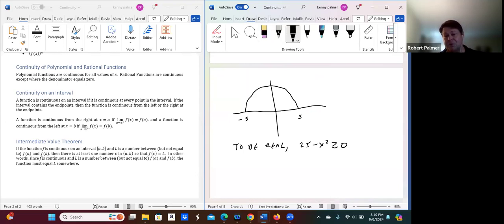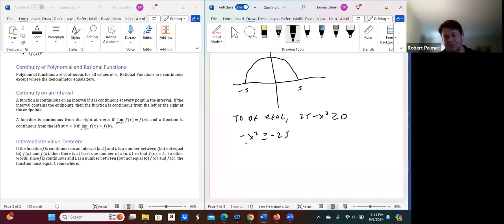First let's subtract 25 from both sides. So we have negative x squared is greater than or equal to negative 25. Let's divide both sides by negative 1. That makes x squared a positive 25. Remember, if you divide or multiply both sides by a negative, you switch your sign, so x squared is less than or equal to 25. Taking the square root, the absolute value of x is less than or equal to the square root of 25, which is 5.